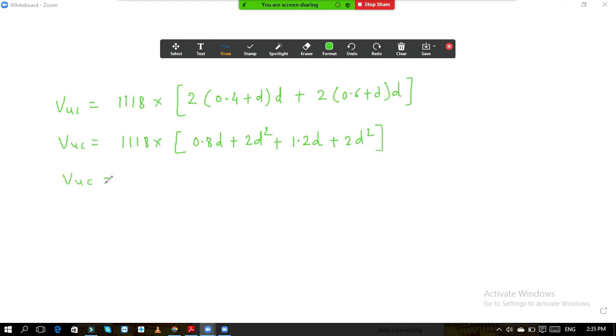So VUC is equal to 118 into, in bracket, 0.8 plus 1.2, again it is 2, 2D plus 2D square.